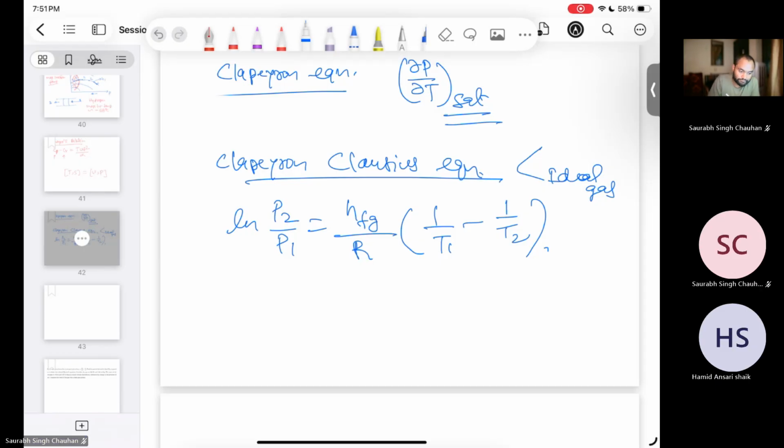dP by dT at saturation is equal to Hg minus Hf by T into Vg minus Vf, with the volume difference in the denominator.